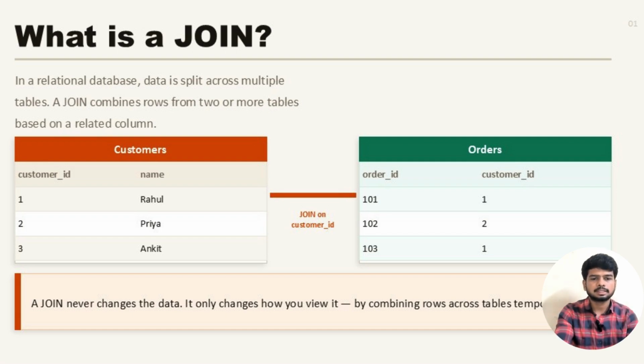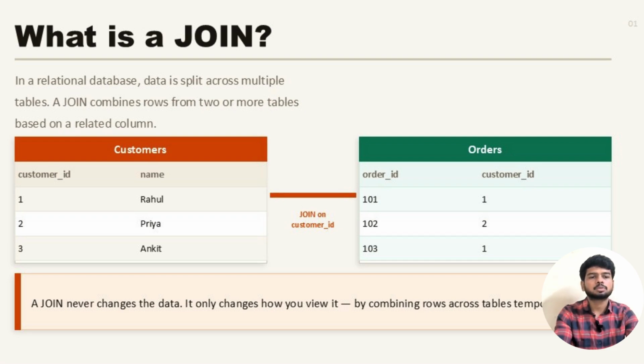If we look at our diagram, you can clearly see that a join combines rows from two or more tables based on shared columns. In our case, it's customer ID. If it exists in both the customers table and the orders table, then let's link it.